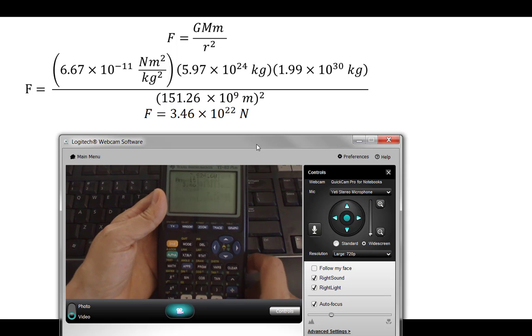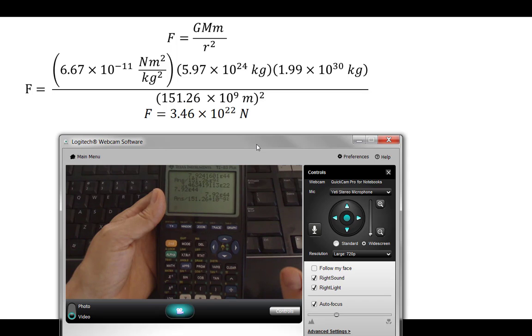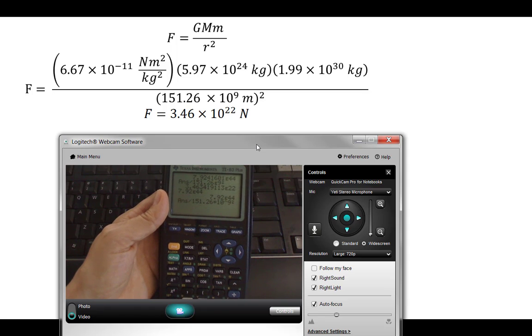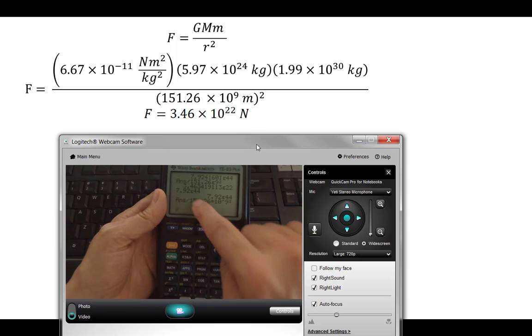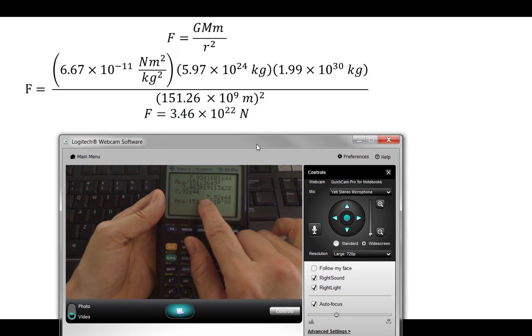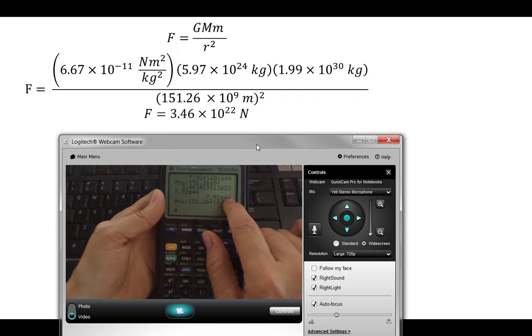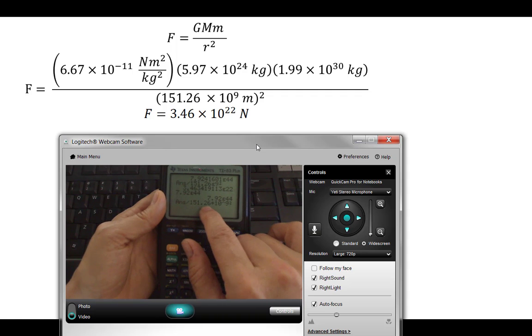That's what that overflow meant. Okay, but it wouldn't have given me the correct number anyway, because what this is going to do is it's going to take my 7.92 times 10 to the 44th, divide by 151.26, and then multiply all that by 10 to the 9th squared.